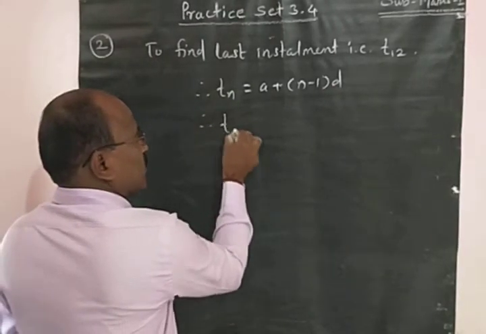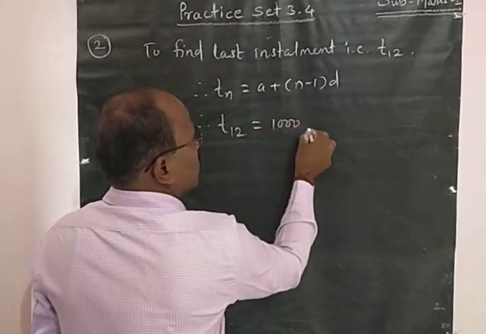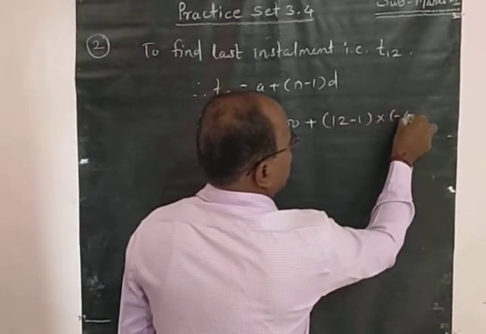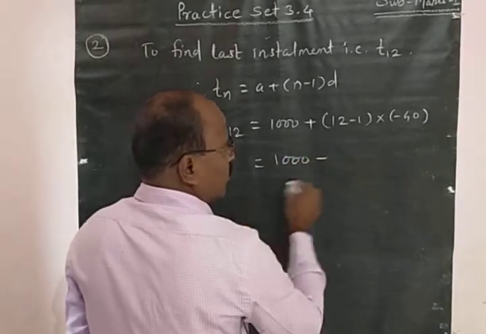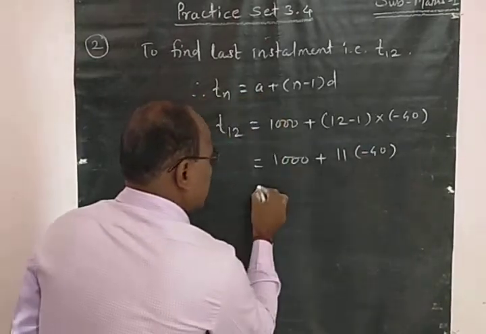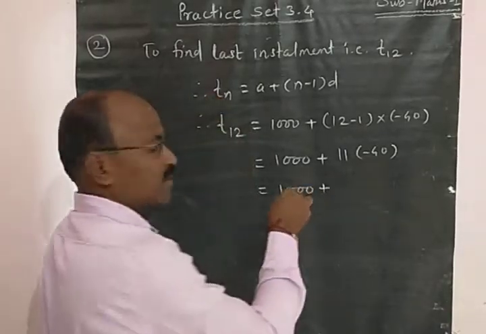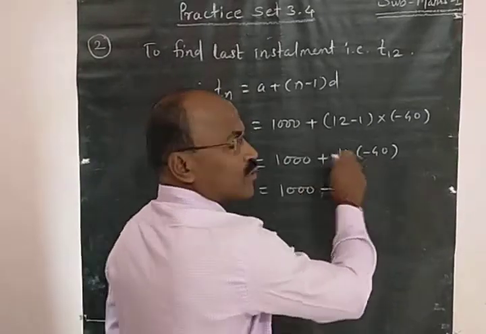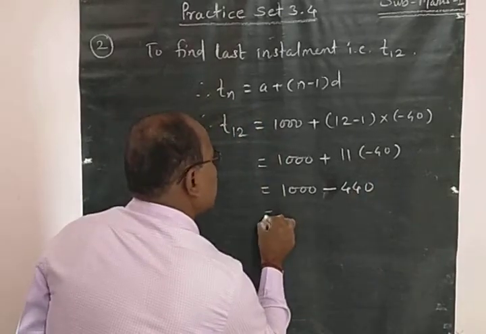So here T12 is equal to a is 1000 plus n is 12 minus 1 into d is minus 40. That is equal to 1000 plus 11 into minus 40, that is 1000 minus 440.